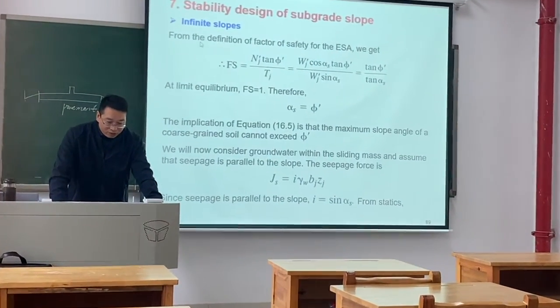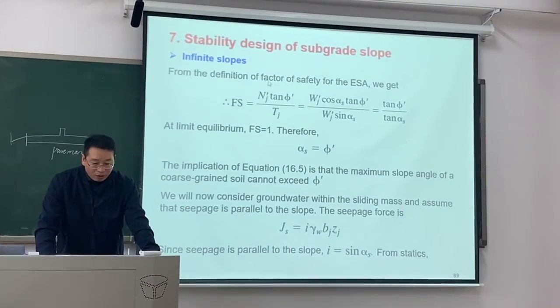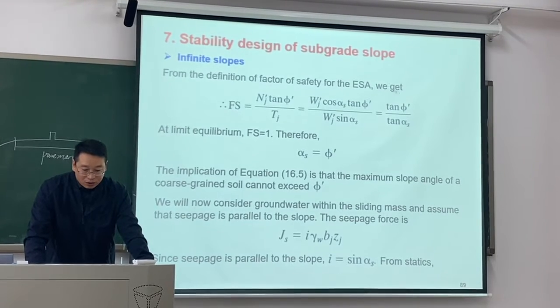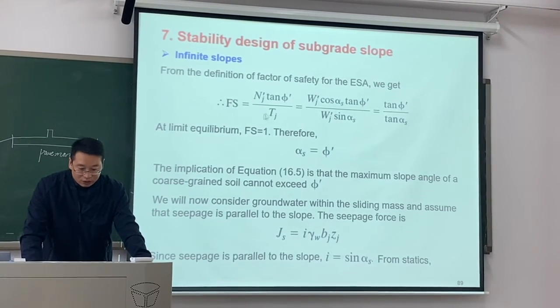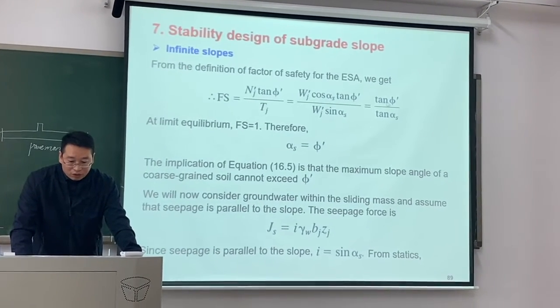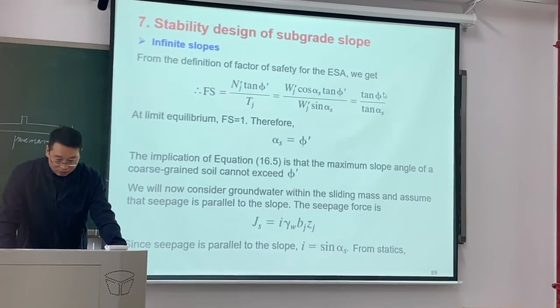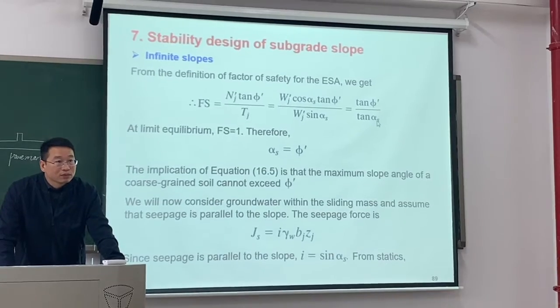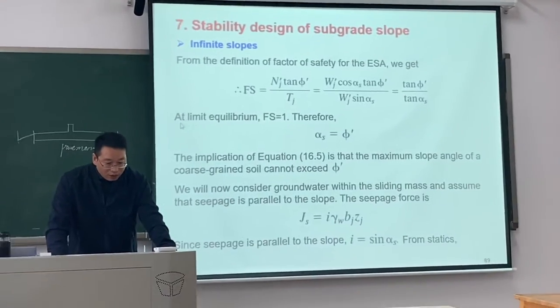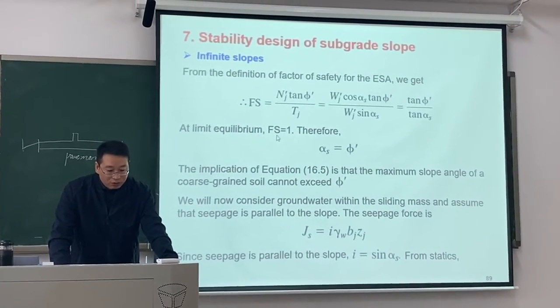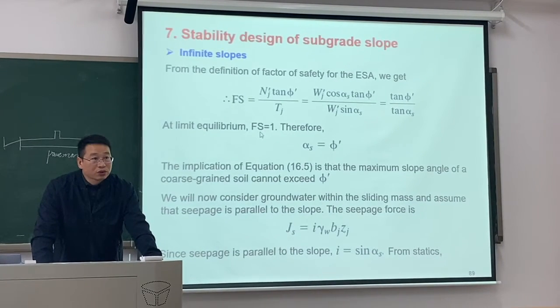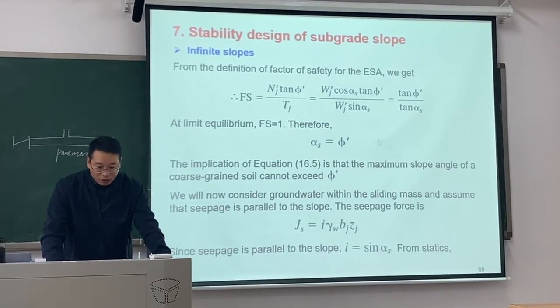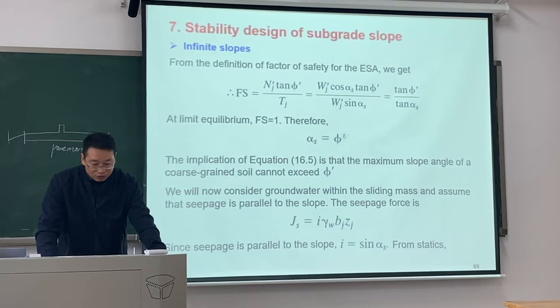From the definition of factor of safety, we can get Fs is tan phi times 1 over tan beta. At the limit equilibrium, we can know the factor of safety is equal to 1. Therefore, beta is equal to phi.